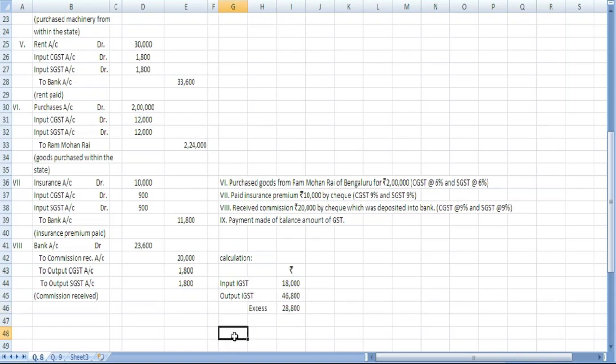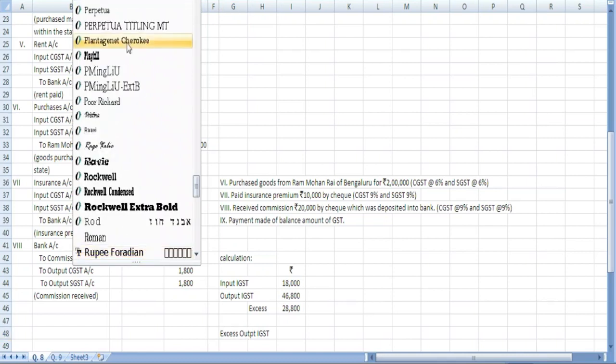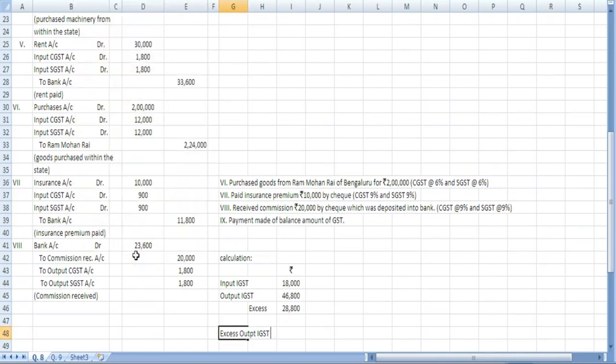So we will write here that excess output IGST, rupees 28,800 is the liability to government.